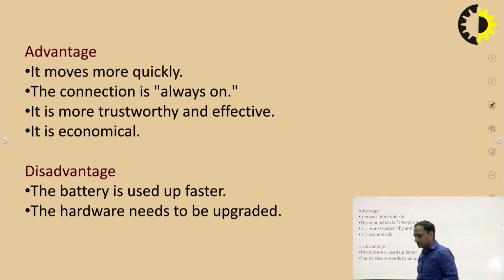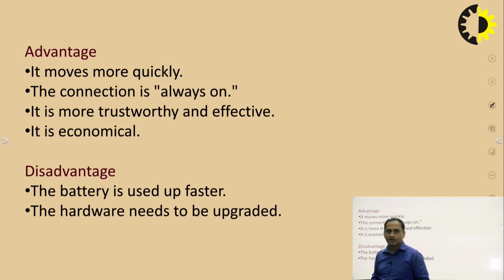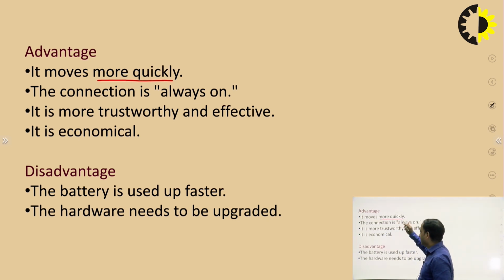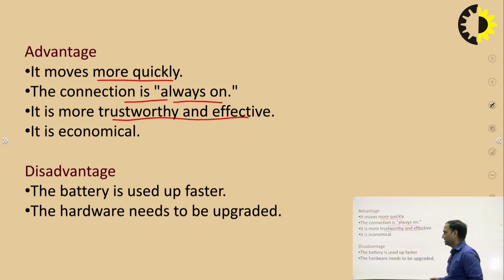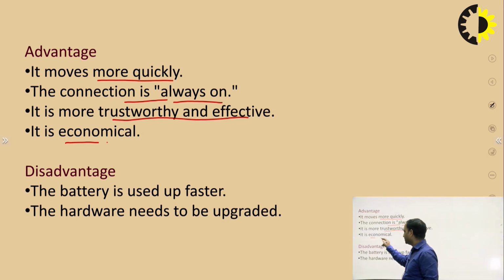So here are the advantages of using the EDGE network. It moves more quickly, and the connection is always on. In the case of EDGE, it is more trustworthy and has an effective architecture as compared to GSM, GPRS or any other architecture, and it is very economical.